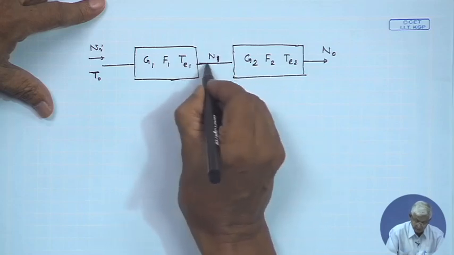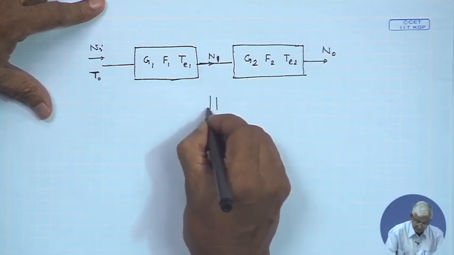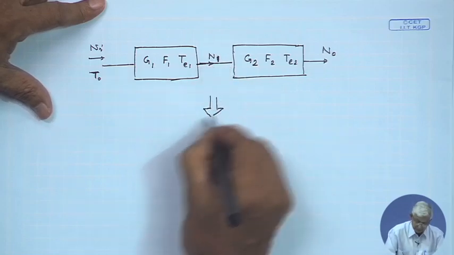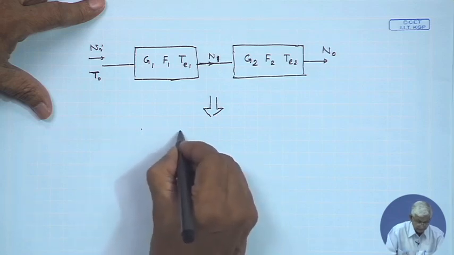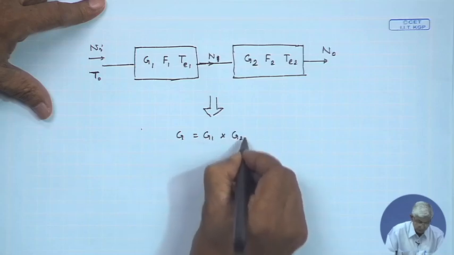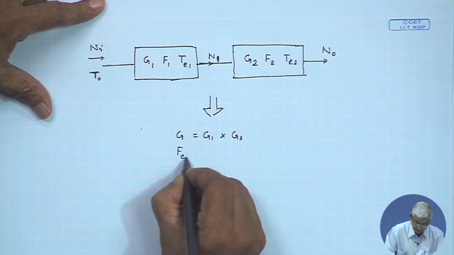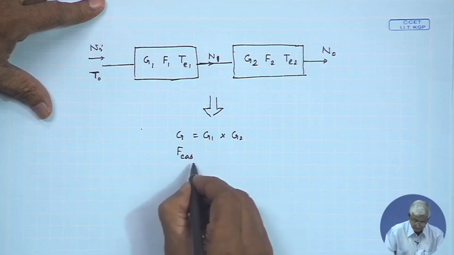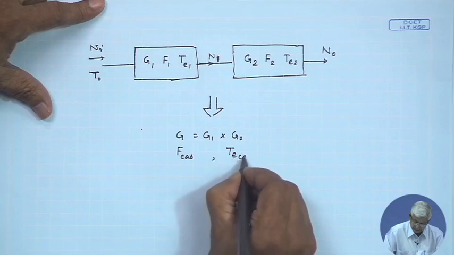Let us say this whole thing, in an equivalence, we can put as one single unit which has a gain of G1 into G2, a noise figure which we call F cascade, and an effective noise temperature TE cascade.